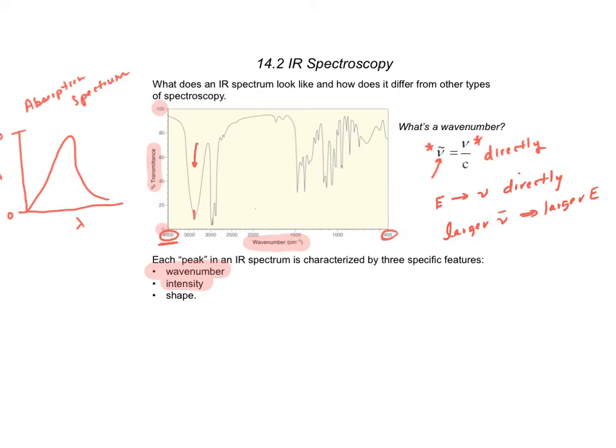And then the third is the shape. A good example of that is why is this so broad and this guy is so much more narrow? Each of these peaks is going to have a specific wave number, a specific intensity, and a specific shape. And each of those things is going to tell us something about the functional groups that are present in the molecule.